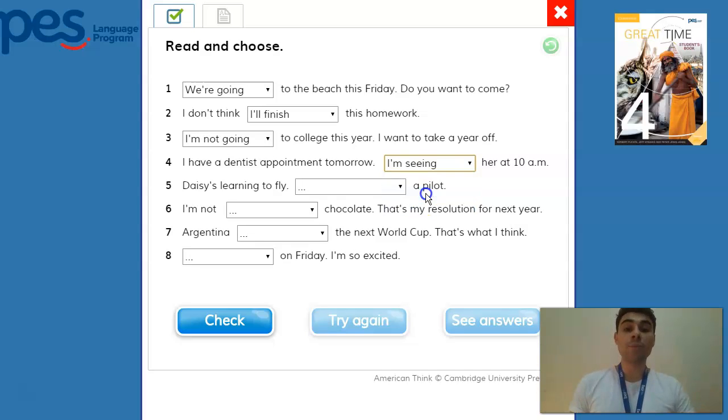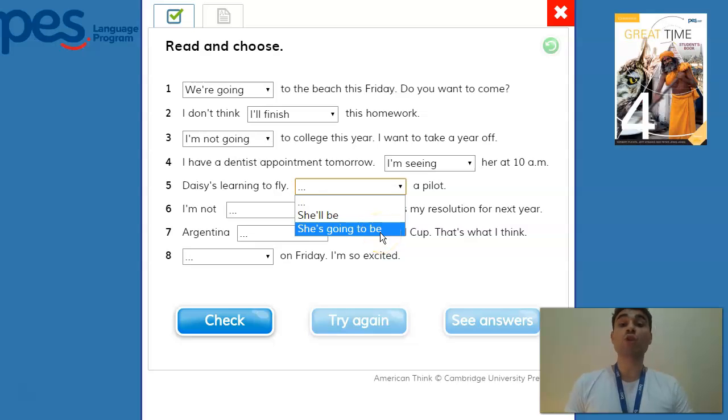So I am seeing her at 10 a.m. because it's set. Now number 5. Daisy is learning to fly. She will be, or she is going to be, a pilot. So she is learning to fly. So she has an intention to do that, right? So she's going to be a pilot.